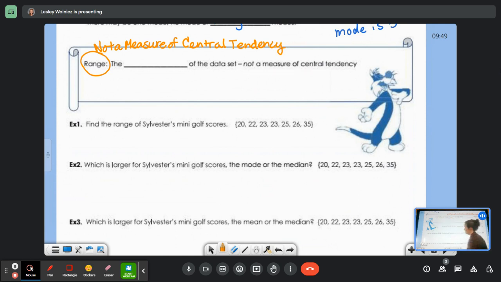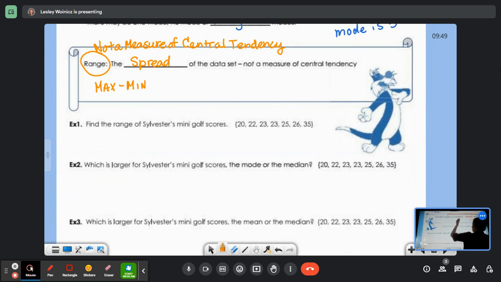Okay, well, just in case you thought I was making it up. The range is the spread of the data. The range does not tell you anything about the middle of the data set or anything like that. It just tells you how far apart the data points are. So the way that we get the range is by taking the maximum and subtracting the minimum from it.